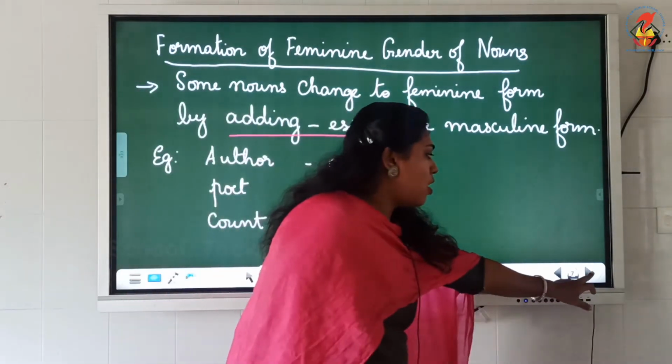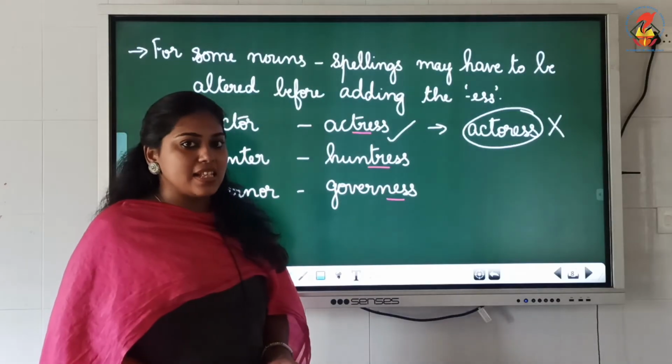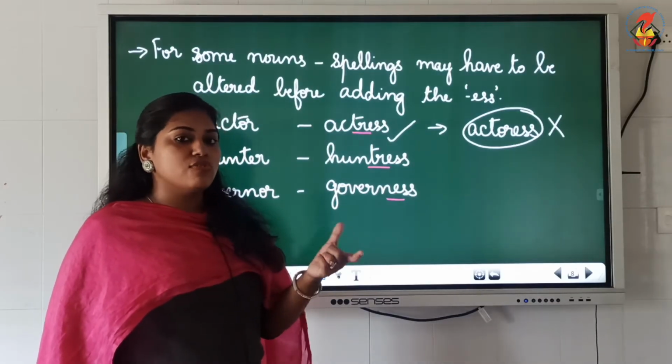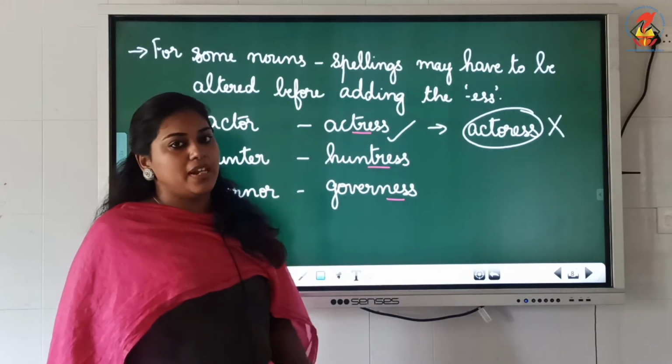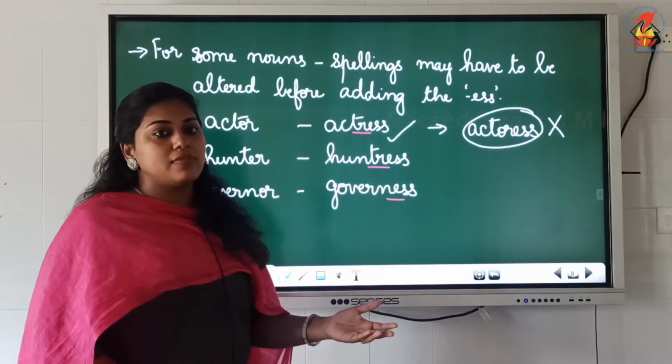But for some nouns we have to alter the spelling before changing into feminine form. Though we add ESS, the spelling will also change when we change it into feminine form. For example, actor. Now to change it into feminine form, what comes to your mind first is actor can be actress.